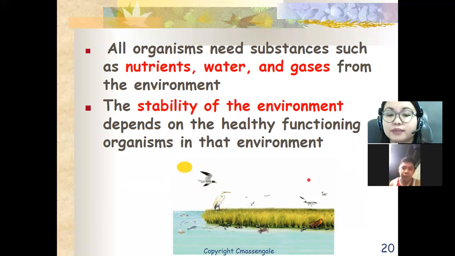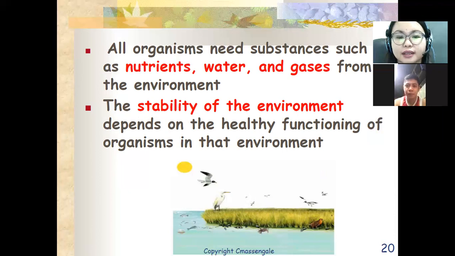And in return, plants give off oxygen, and we need oxygen to live, right? If you can't breathe, you die. So the stability of the environment depends on the healthy functioning of organisms in that environment.